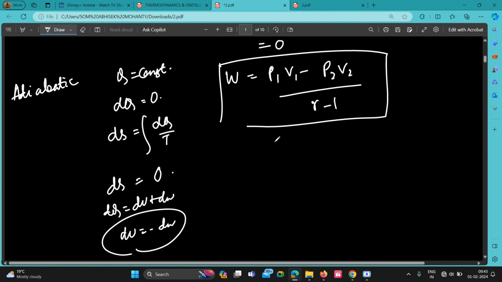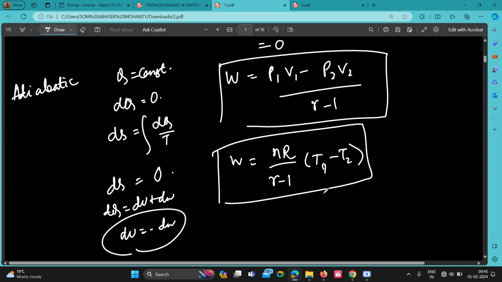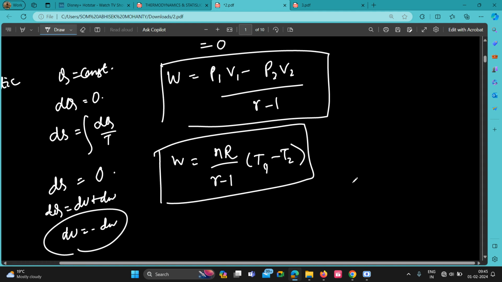Otherwise, you can also write the formula nR by (gamma minus 1) times (T1 minus T2). This is another formula for work done. So here the state equation we got: T V to the power gamma minus 1 is equal to constant.